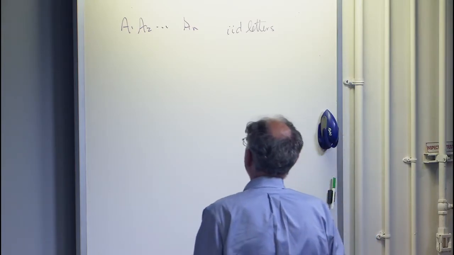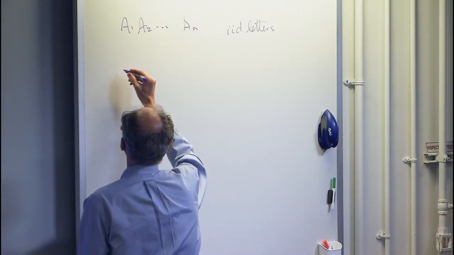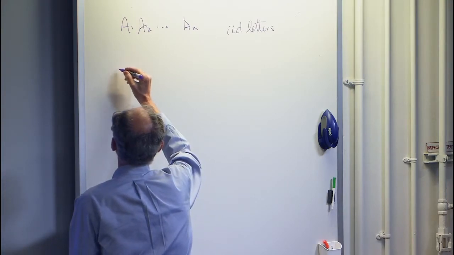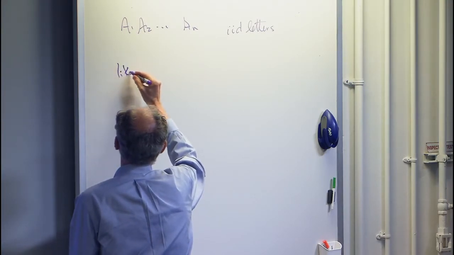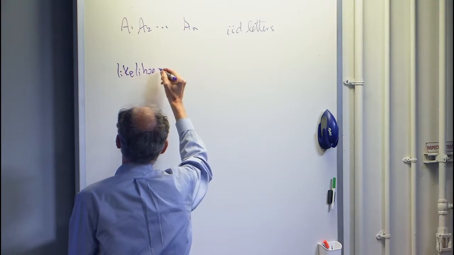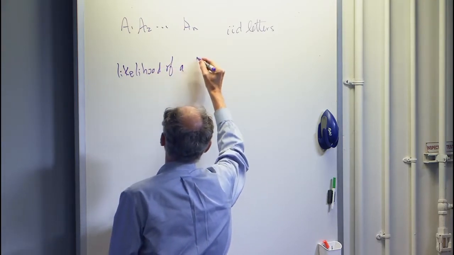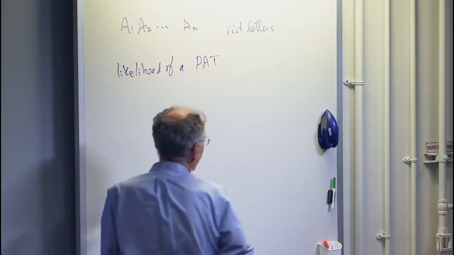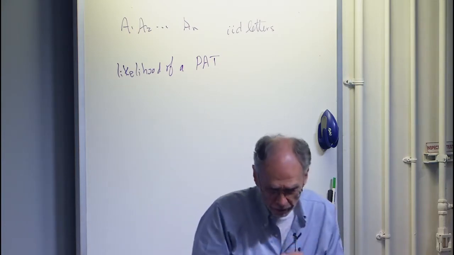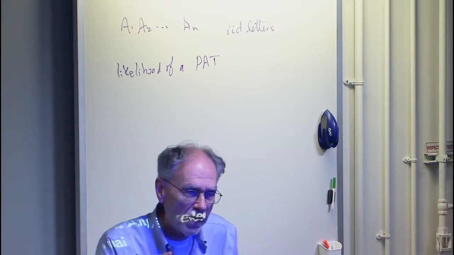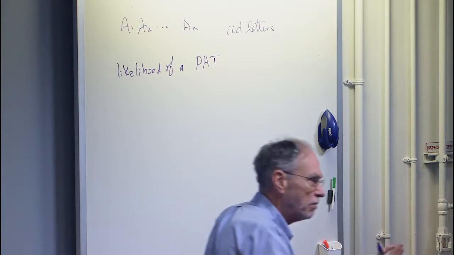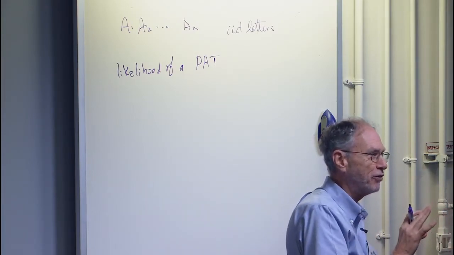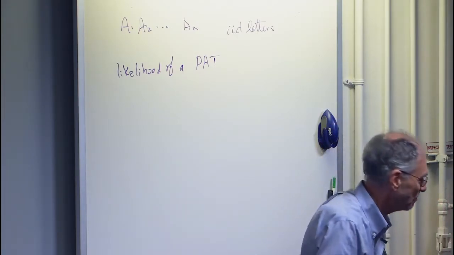Just like Dan, let's talk about PAT just to mean a pattern. So we're going to look for that PAT in this sequence, thinking, as my advisor said, thinking probability.